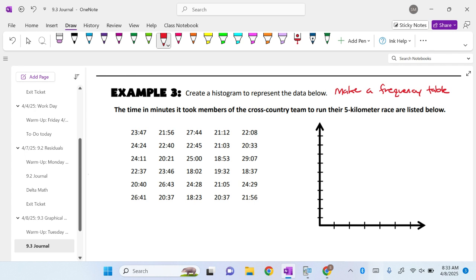So this data set below, all those numbers, are the times in minutes it took members of a cross-country team to run their 5-kilometer race. What I want you guys to do is look through that data set and find the lowest number and the highest number. So the lowest time and the highest time it took.